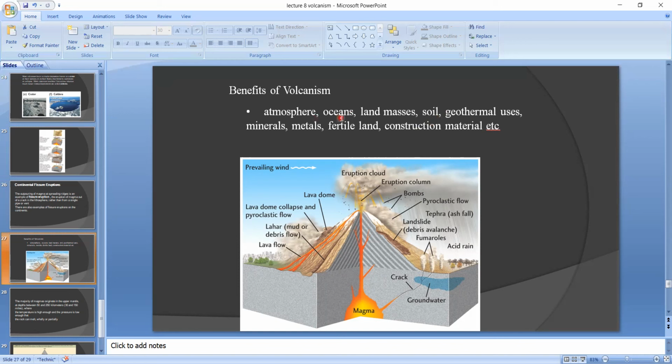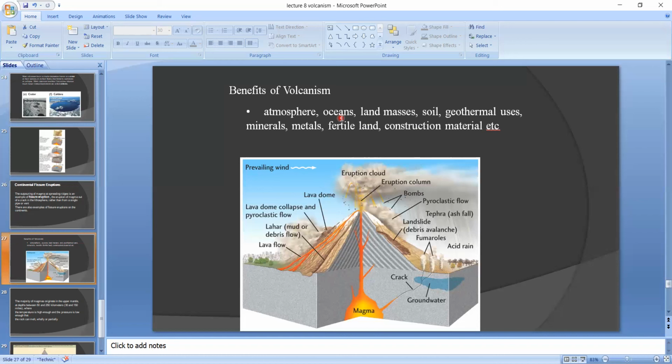So the first ocean is believed to have been formed by volcanism, because when Earth formed, there was no water. So from where did water come? Some water came from space as solid ice, like meteorites falling. So ice falls, and the other is from this lava.